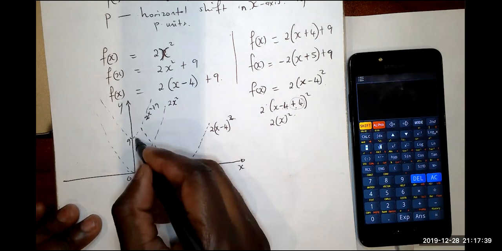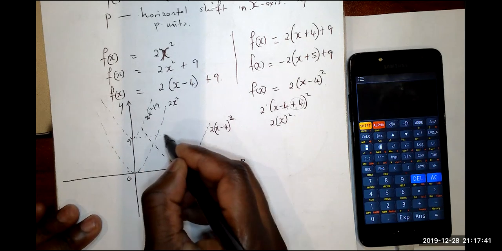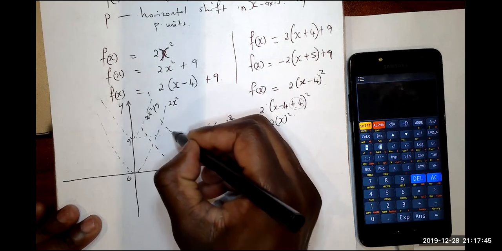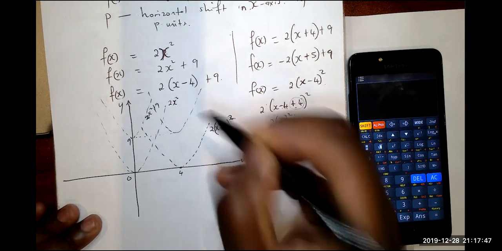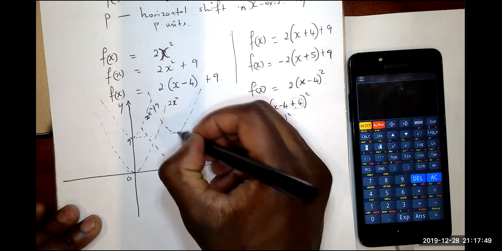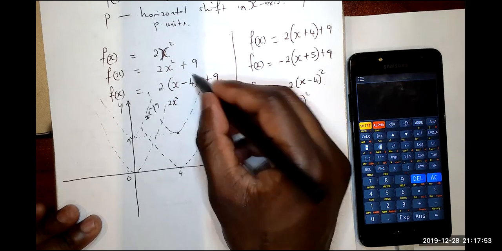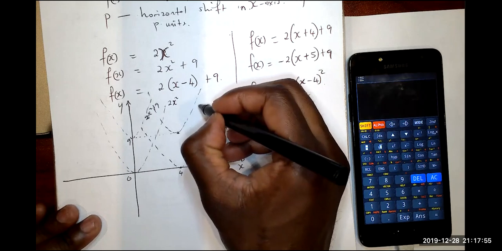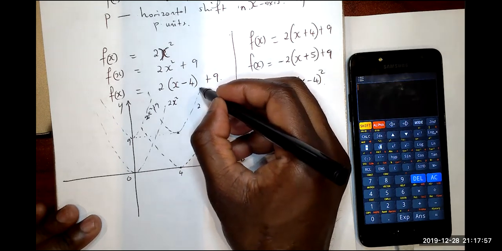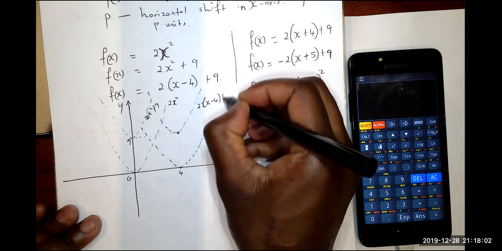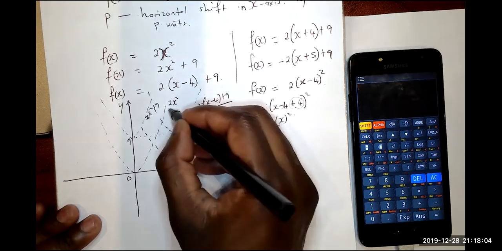We are going to shift this graph 4 units up, so it's going to be like this. This is actually the graph of 2(x minus 4) squared plus 9. That's what we have there.